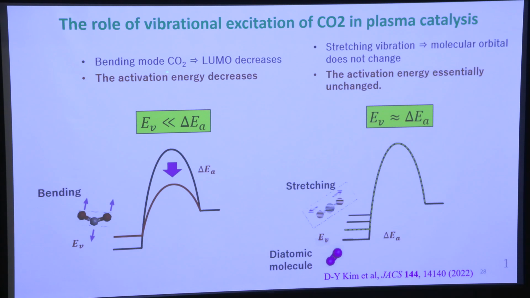But if the CO2 is in a bending mode like that, not only do they reduce the energy in this way, but they create a new pathway. This is something I don't understand, but I try to understand.